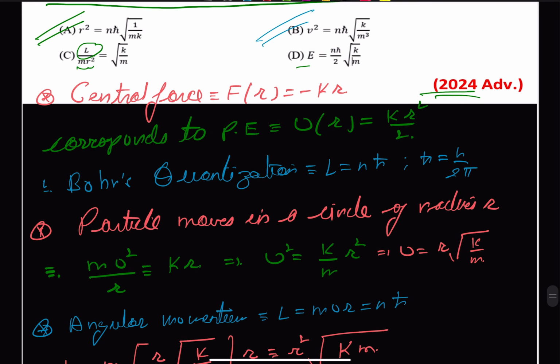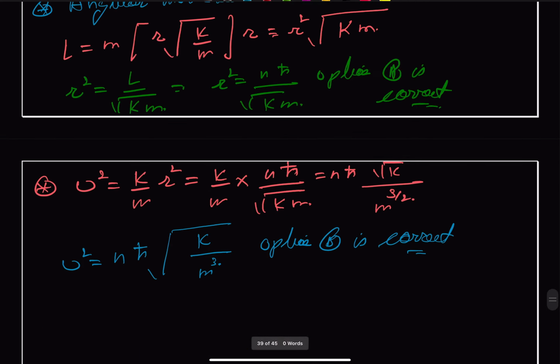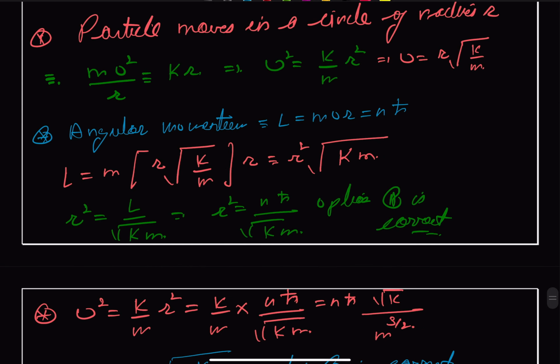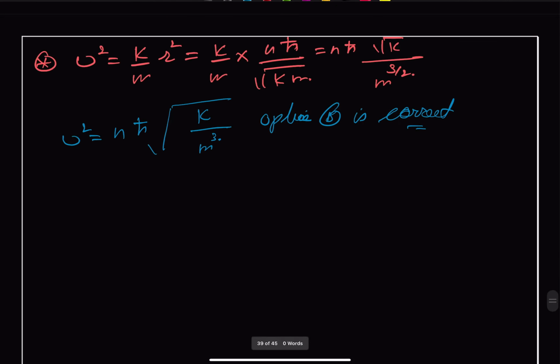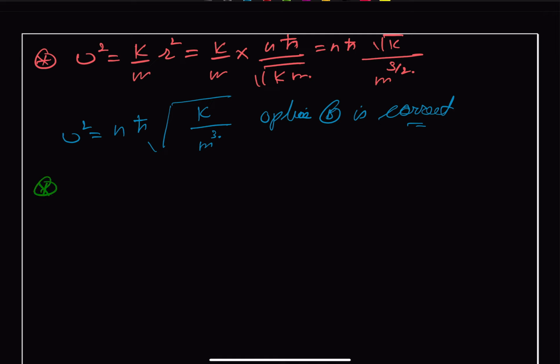Next, we are supposed to find the angular velocity as well as the total energy. We already know that L is equal to r² times the square root of km.